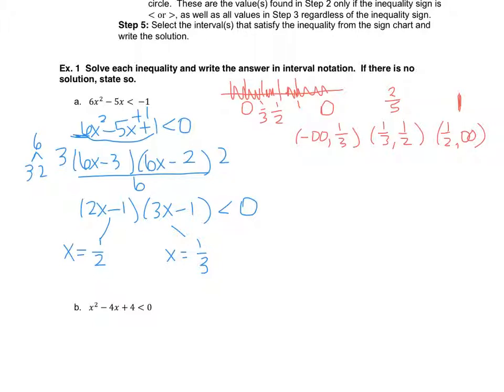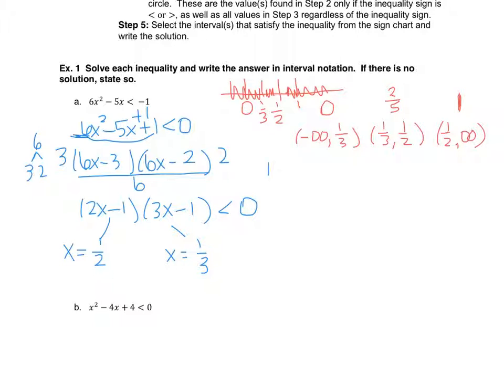So what that means is I'm going to plug them into my function, this function right here, and see when I plug those numbers in, does that give me a true statement or a false statement?